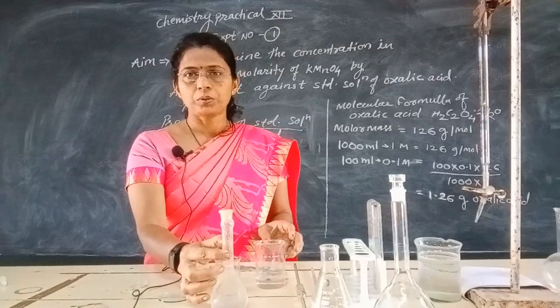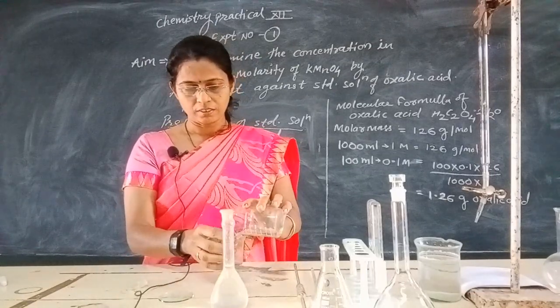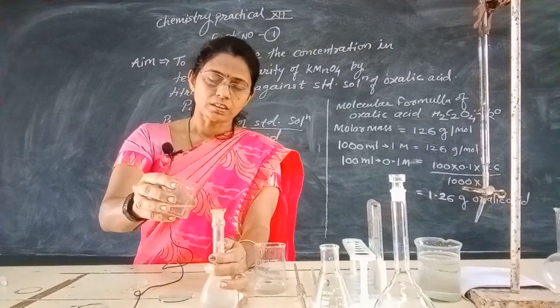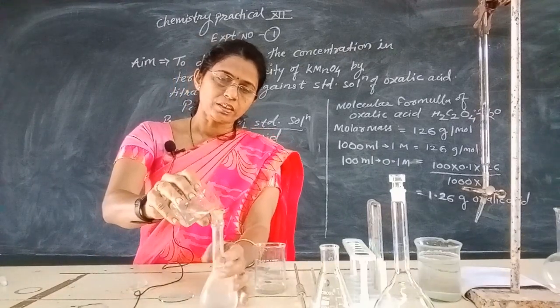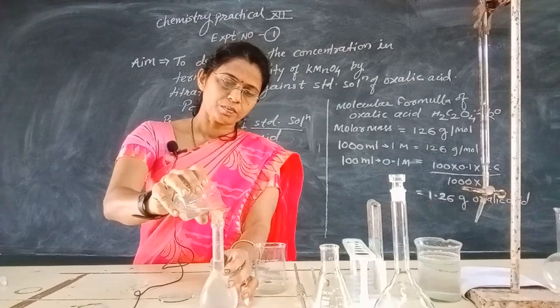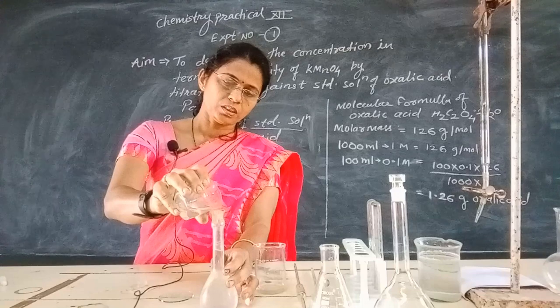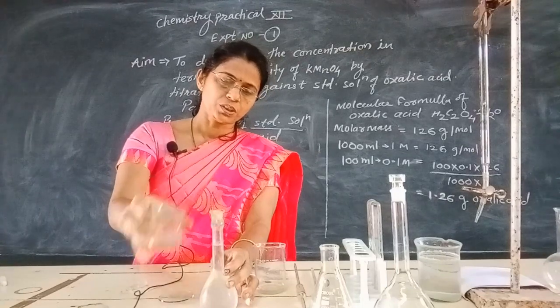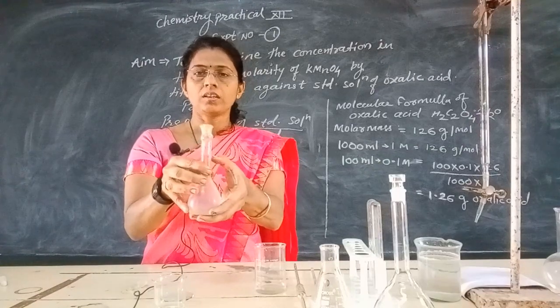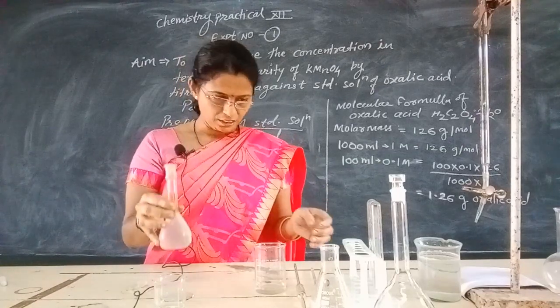See, up to this mark we need to add very carefully so that an accurate 100 ml solution will be ready. Be careful, add very slowly when you reach the mark. See, now up to the mark the solution is ready.